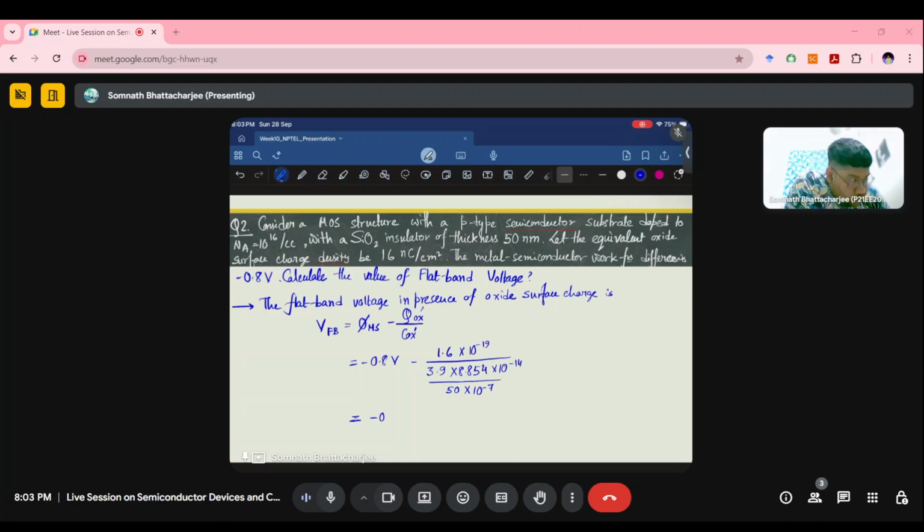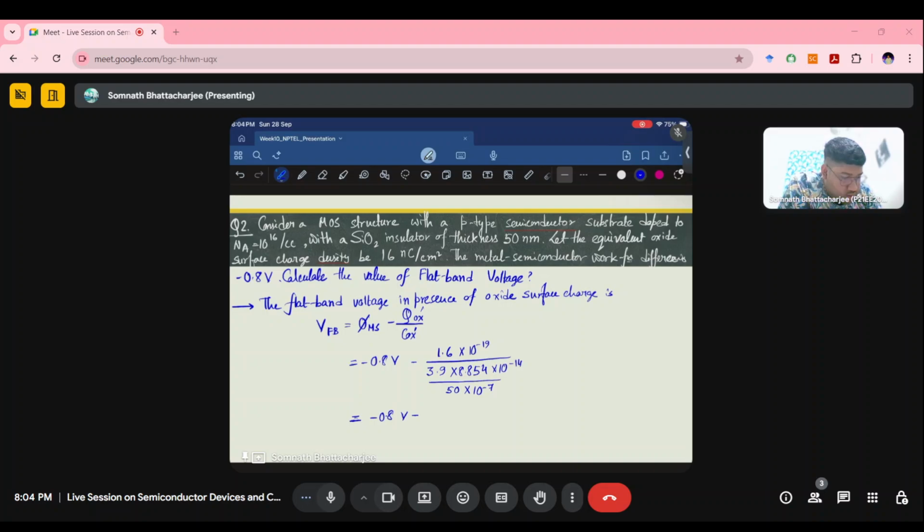So this will be 0.8 volts minus, just put the values. 1.6 multiplied by 50, divided by 3.9, divided by 8.854. So the value will be, just a second.